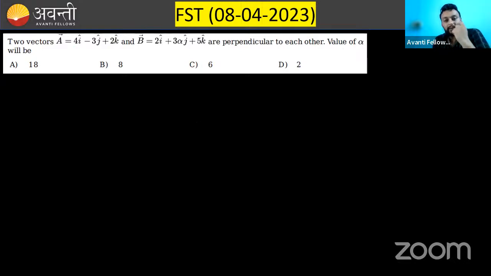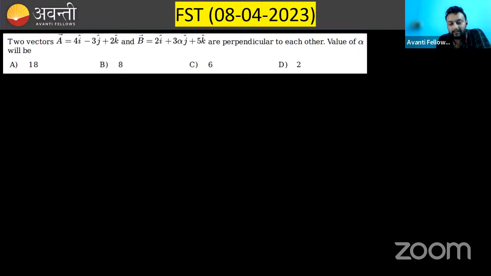When two vectors are perpendicular to each other, that means angle between them is 90. So whenever you see there is a 90-degree angle, perpendicular, then you can clearly state that A dot B should be 0.